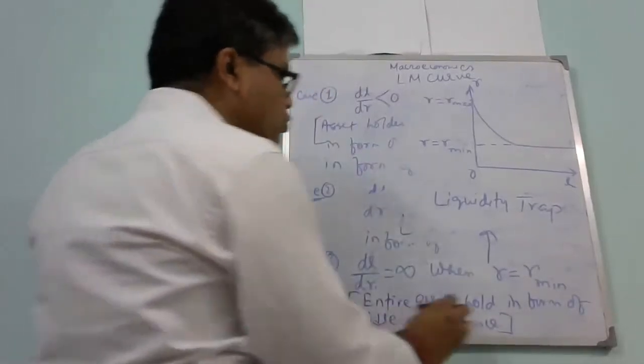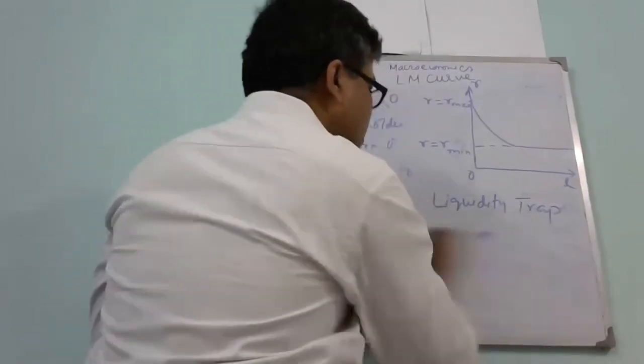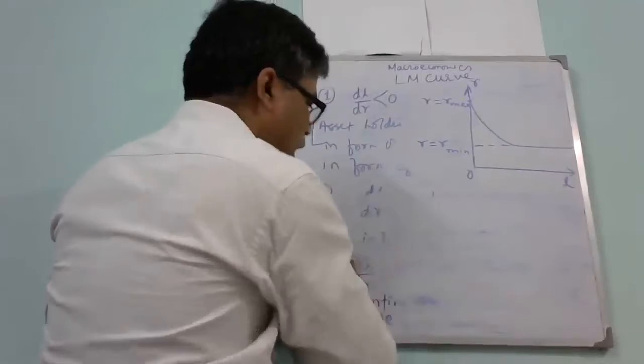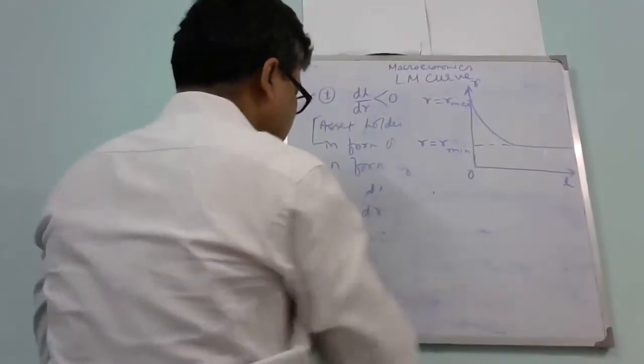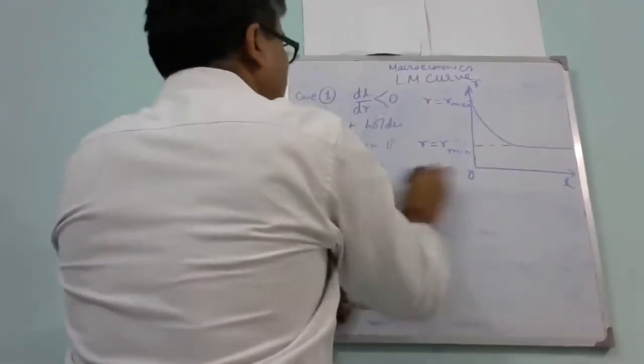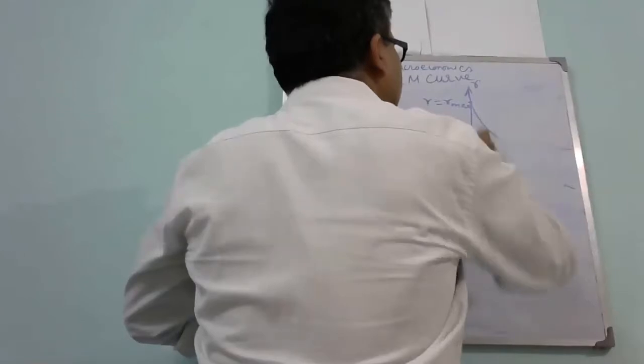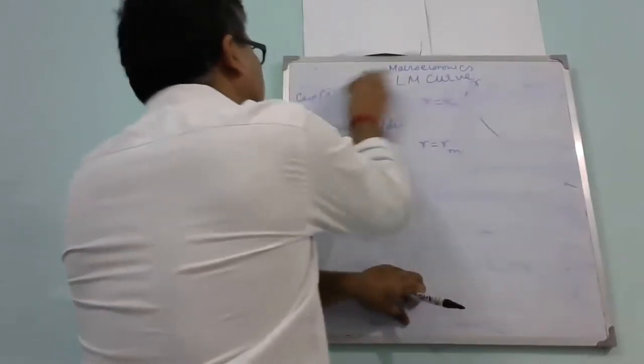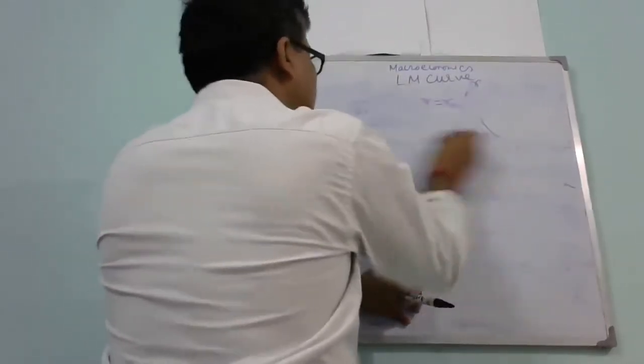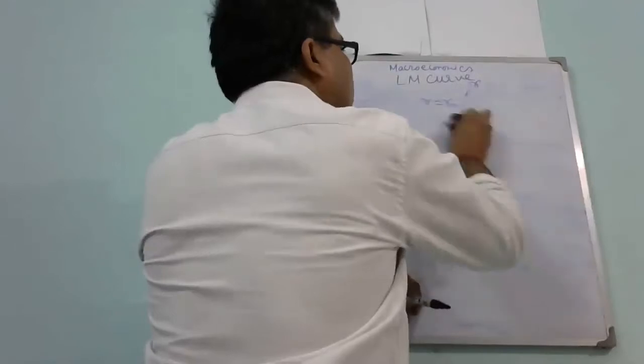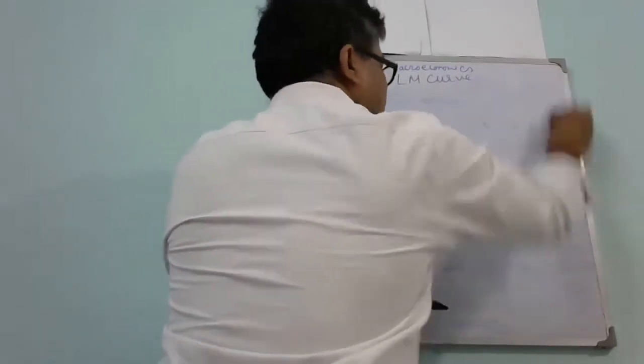Now we are going to draw the LM curve in a four-quadrant diagram, just like the four-quadrant diagram we have already drawn for drawing the IS curve.